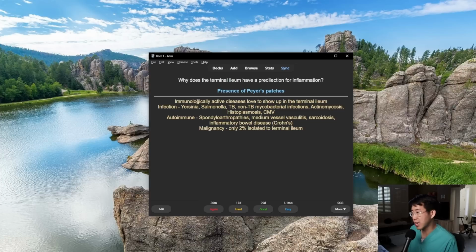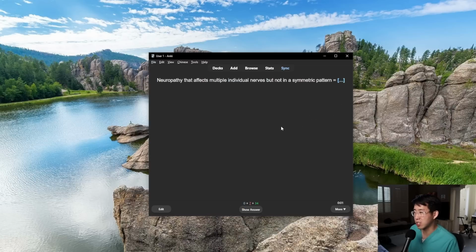So immunologically active diseases love to show up in the terminal ileum. For example, Yersinia, Salmonella, TB, non-TB mycobacterial infections. Autoimmune conditions, also very immunologically active, so vasculitides, inflammatory bowel disease, spondyloarthropathies, and then malignancy is another possible cause. If you see significant ileal involvement, you might be wanting to think about some of these conditions.